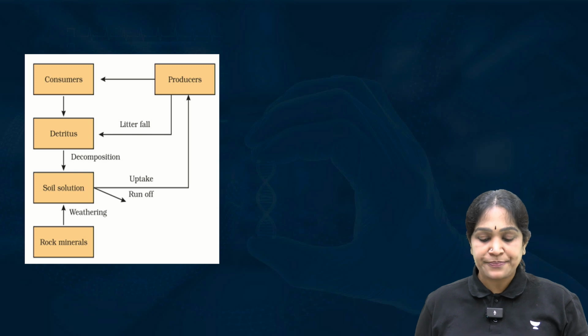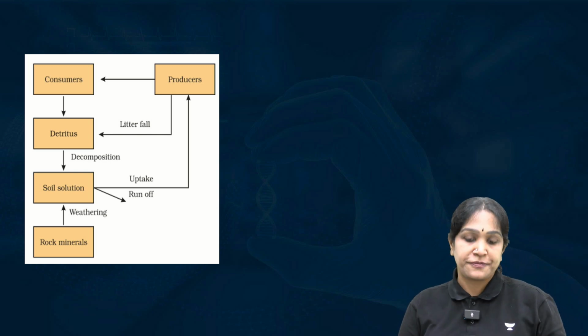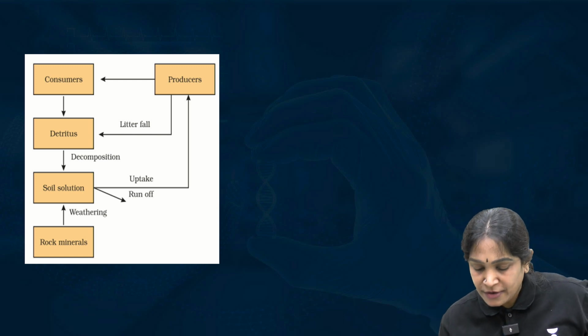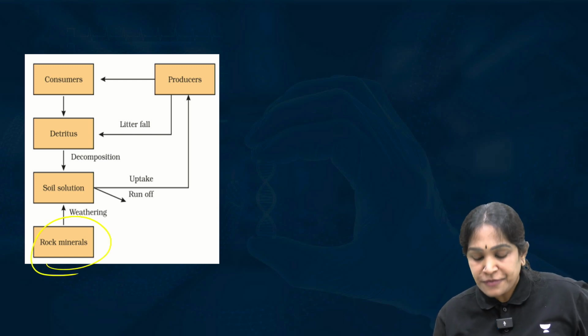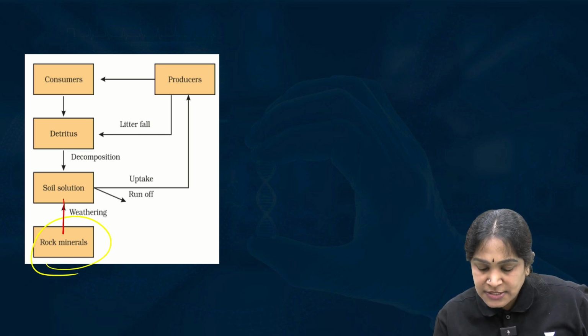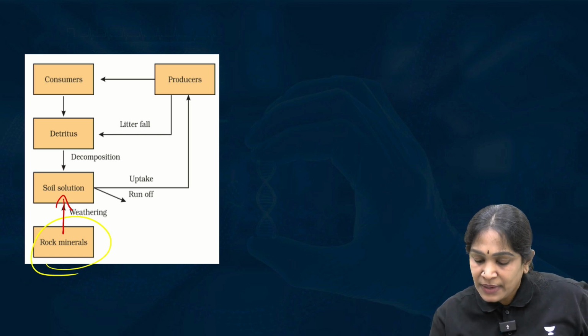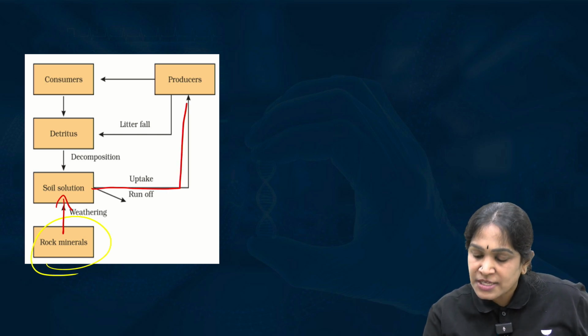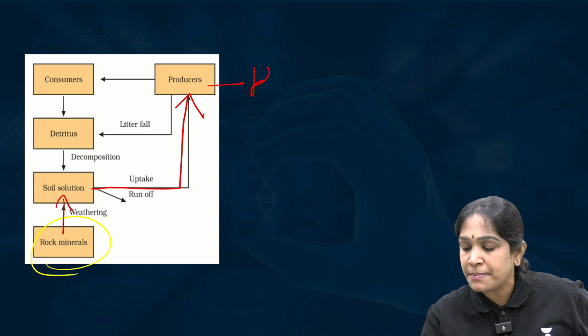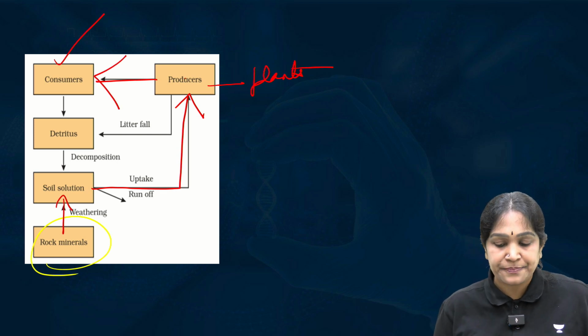One difference is, here it is not entering into the atmosphere. So if you observe here, from the rock minerals, the phosphorus goes into the soil solution, and then the plants will take the phosphorus from the soil solution, and consumers will take the phosphorus from the plants.